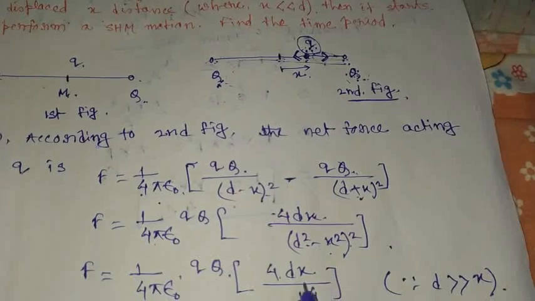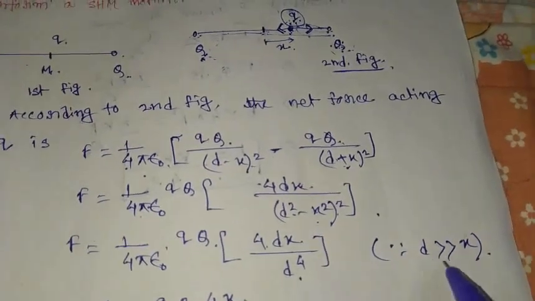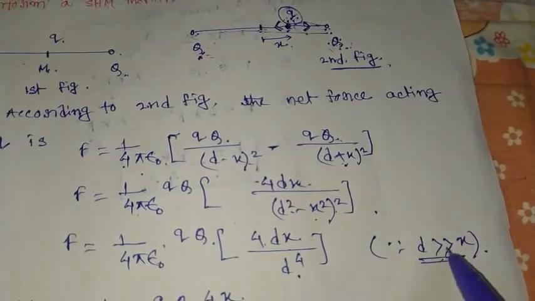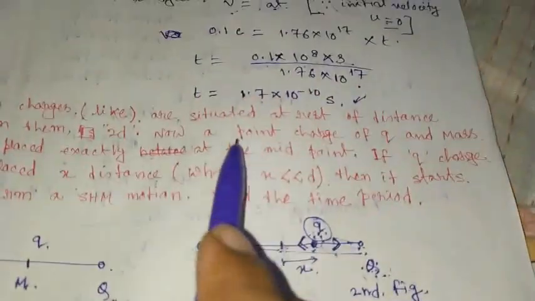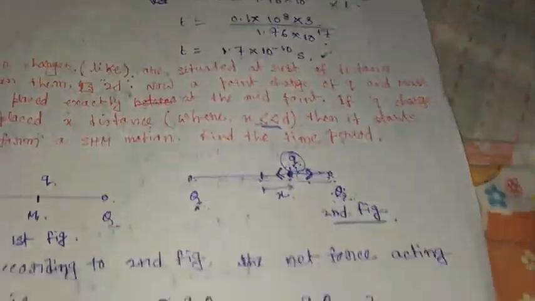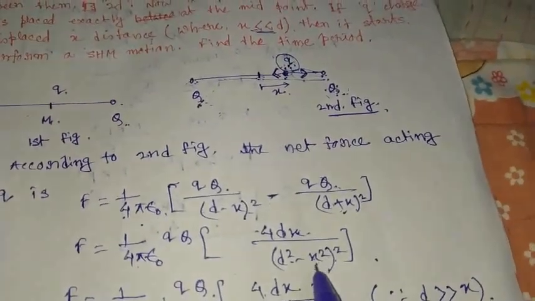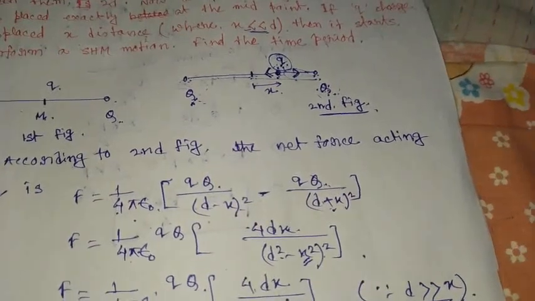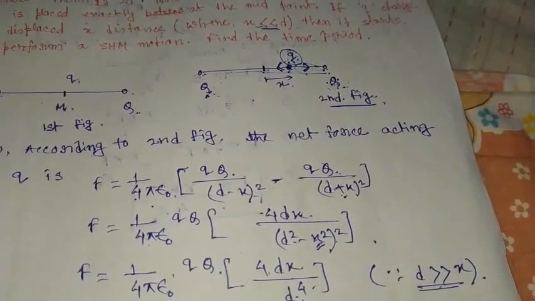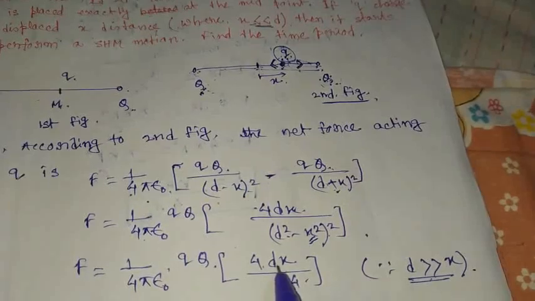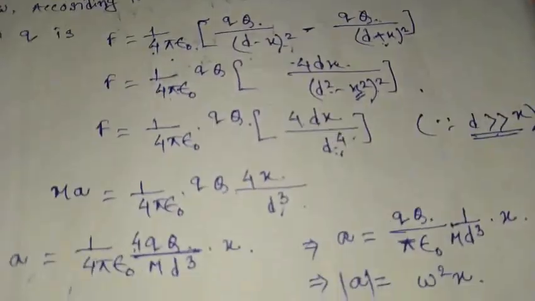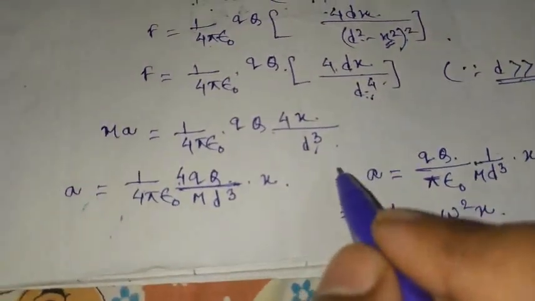So Qq times 4dx by d to the power 4. According to the question, d is much greater than x, so we can neglect x, giving d to the power 4. So it is d cubed, one d is cancelled.